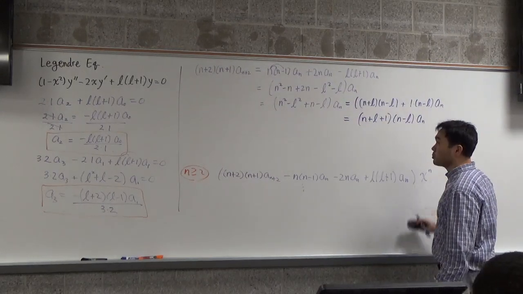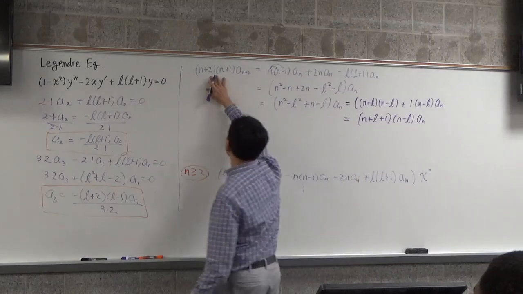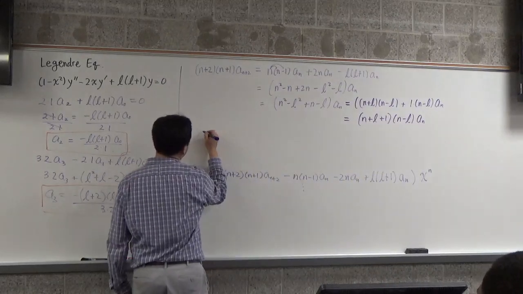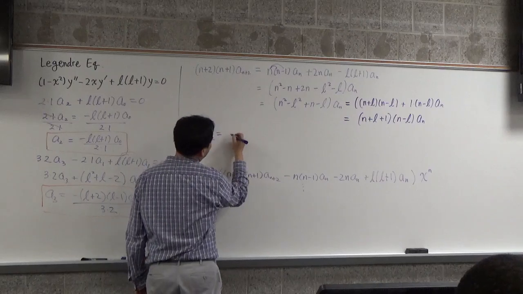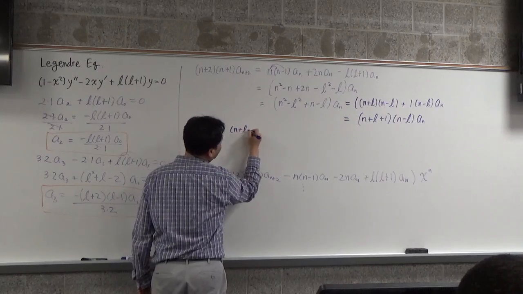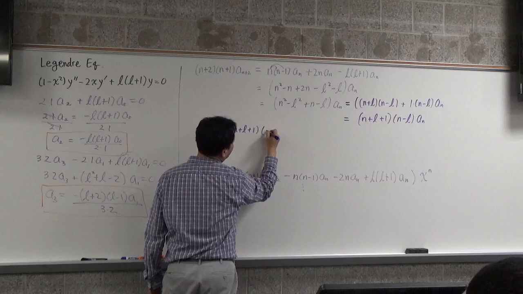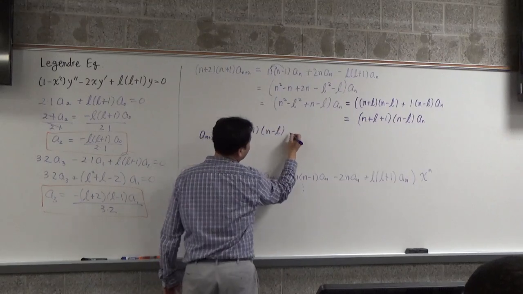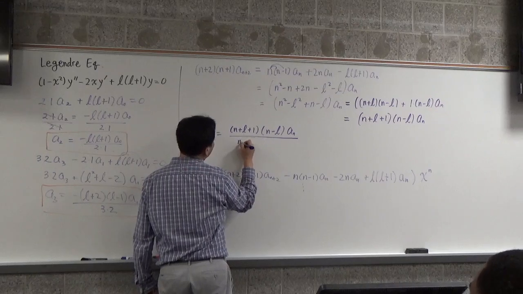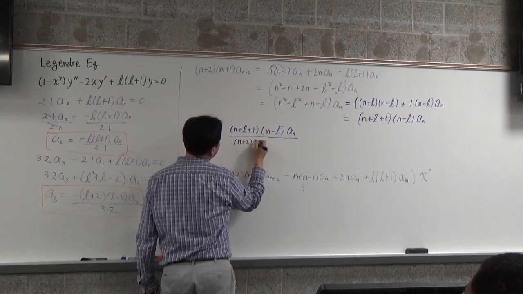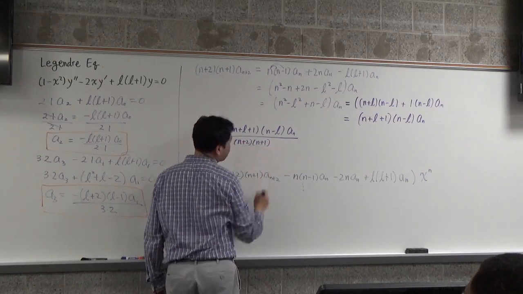Okay, we're almost done. We still need to divide by this to find a_n plus 2. So we have a_n plus 2 equals n plus l plus 1, n minus l, a_n over n plus 2, n plus 1.